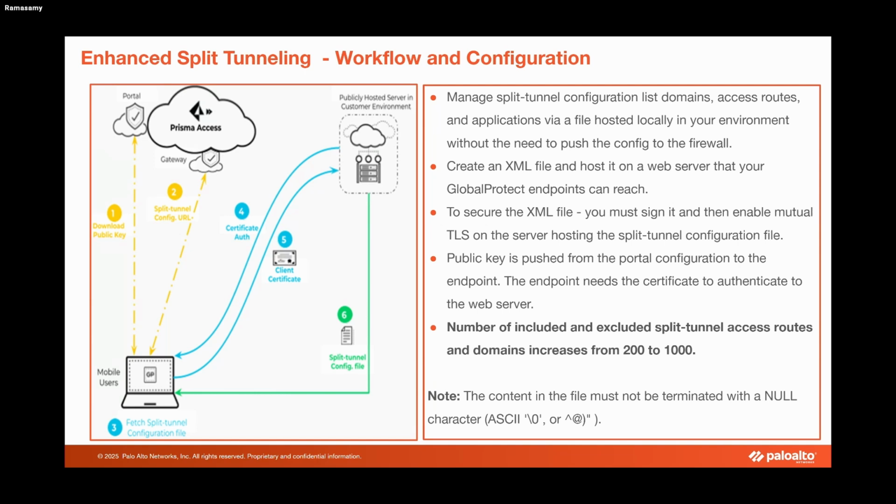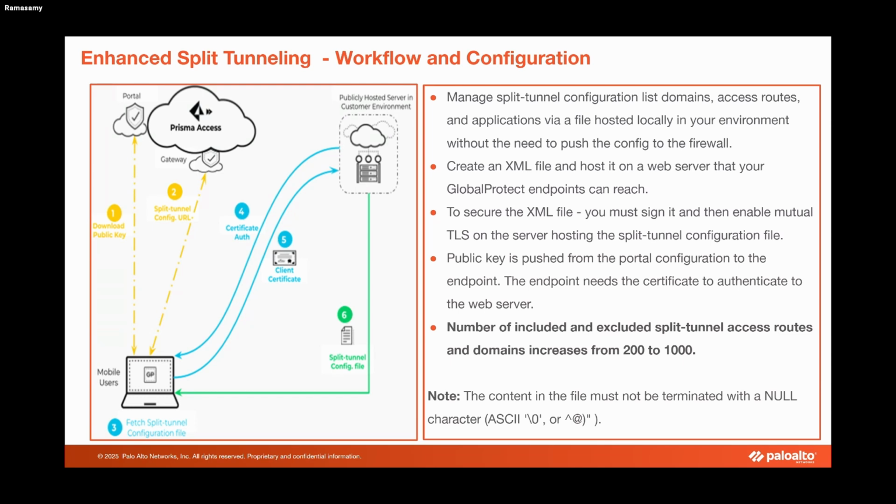So instead of the need to make changes to split tunnel config in the SCM or Panorama every time and push the config to the firewall, you can manage the list of domains, access route, applications via the split tunnel configuration file hosted locally in your environment. This allows you to modify the split tunnel settings without having to modify the configurations on the GlobalProtect gateway, and you don't need to push anything to the gateway.